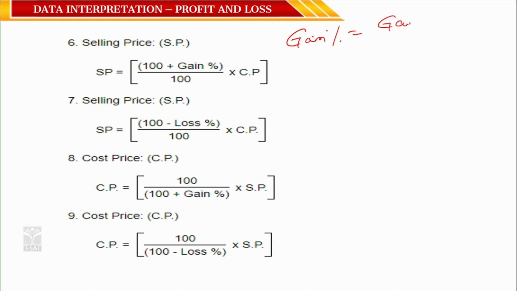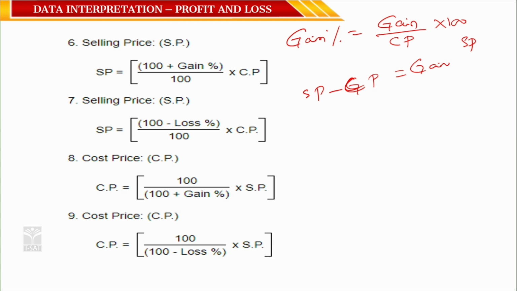Gain by cost price into 100, correct. Now if you want to calculate selling price, what is selling price? You know that selling price minus cost price is equal to gain. Am I correct or not?